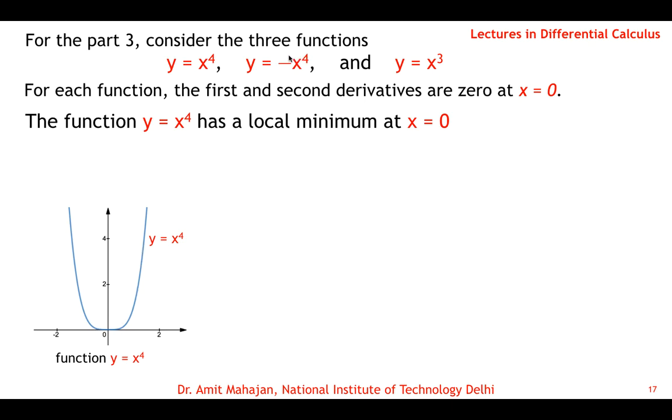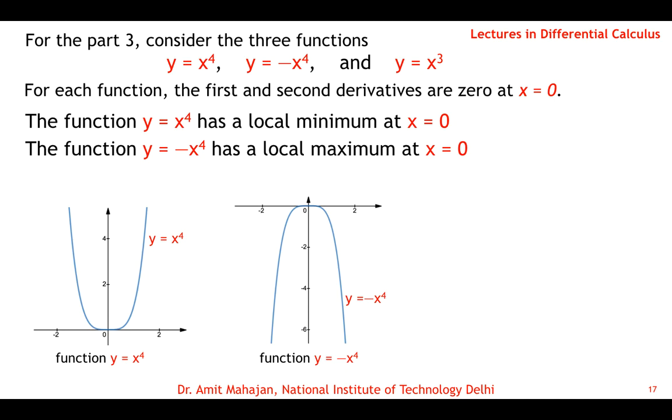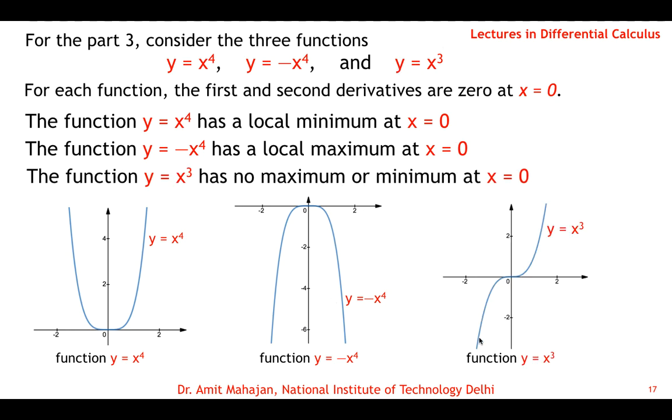And similarly for this function, the second derivative is always negative for all x to the left or right. So it is always concave down, and so it has a point of local maxima at x equal to 0. And similarly y is equal to x cube does not have a local maxima or local minima at x equal to 0.